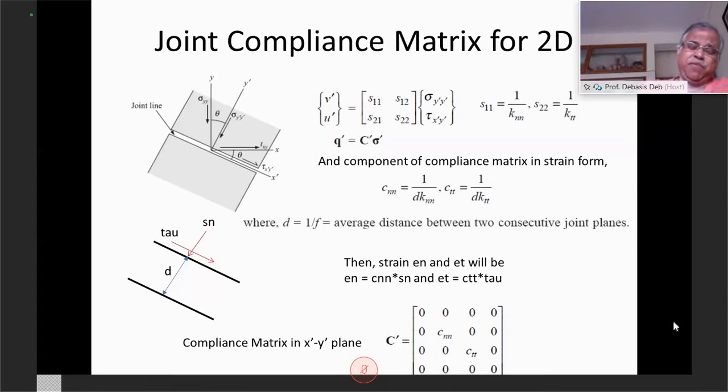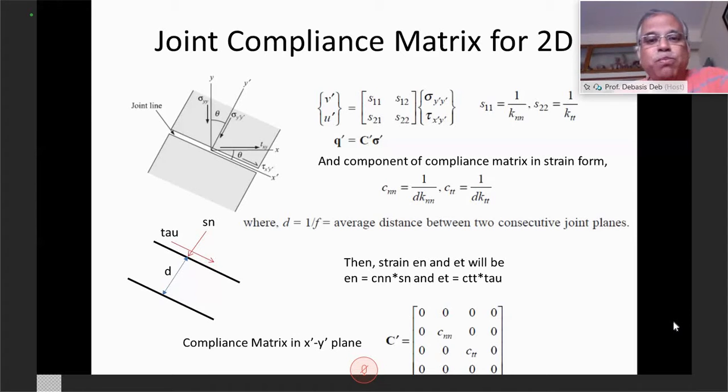Now, if I have to add the compliances, the rock compliances are based on the stress-strain relationship. So if the intact part of the rock is with stress-strain and the joint is with stress and some displacement, then we cannot add them together.